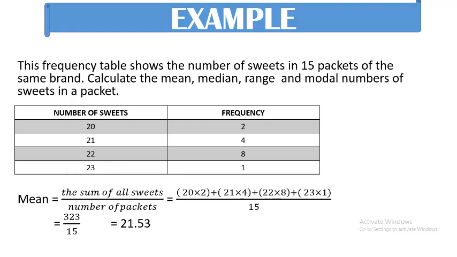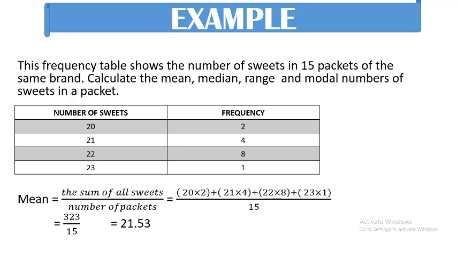Our work is to calculate the mean, median, range, and modal number of sweets in a packet. So let us start with the mean. The formula for mean is the same. In this case, the sum of values will be the sum of all sweets.